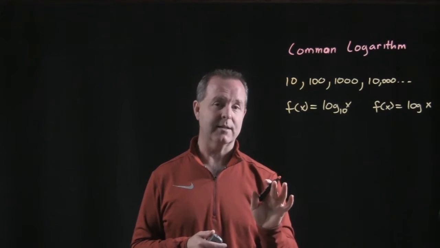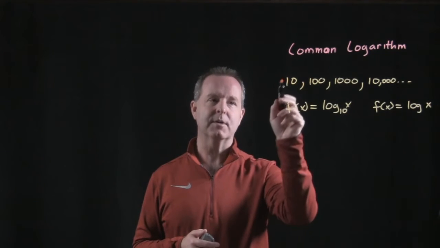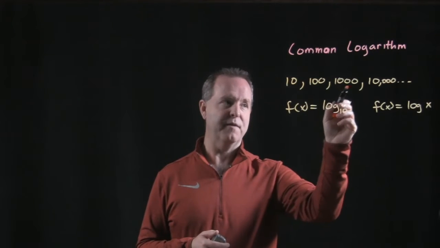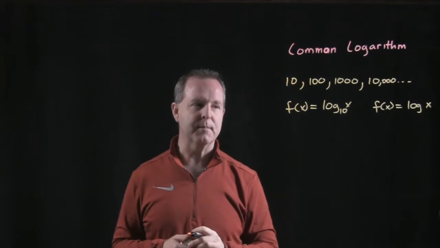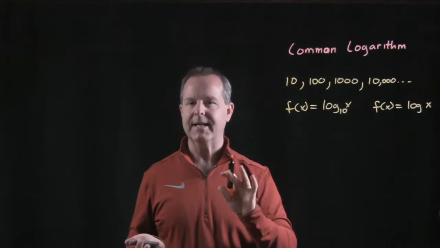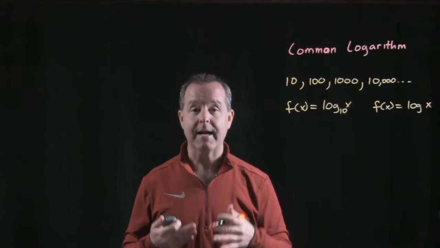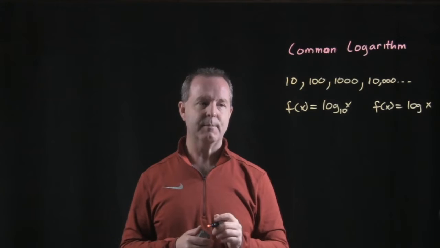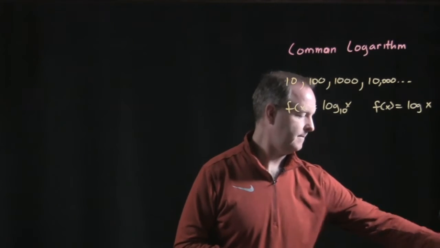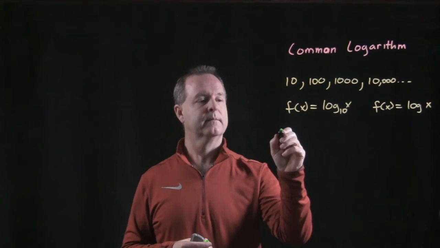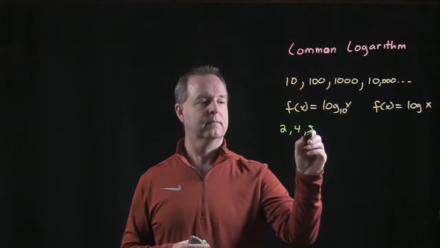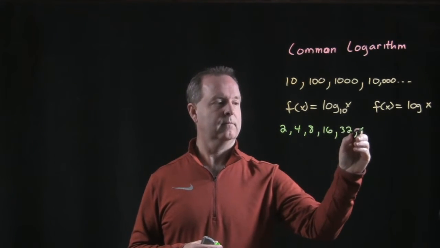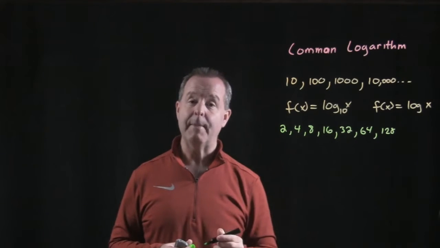And the reason again why it's common is because we're used to these numbers 10, 100, 1,000, 10,000, and so forth. Maybe for some of you computer geeks out there, we can base that on another semi-common pattern. So what's this pattern right here? See that pattern?